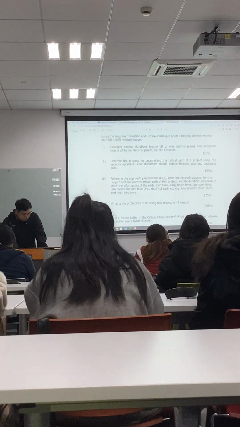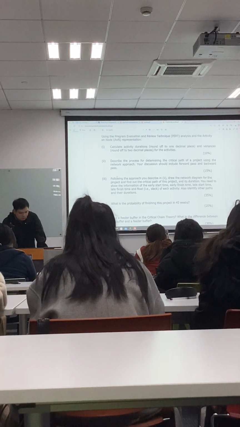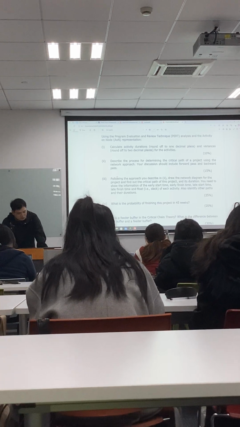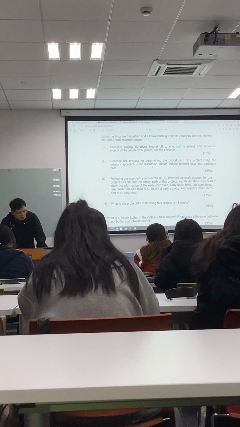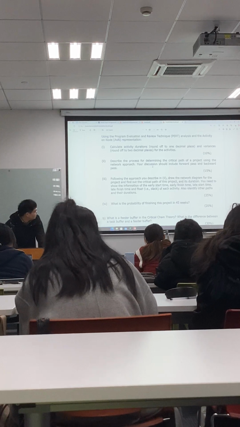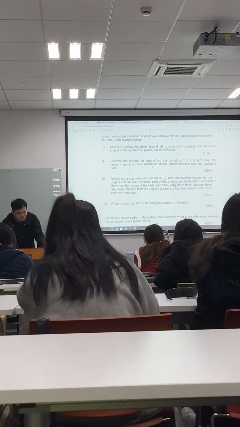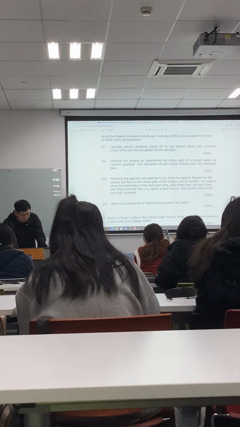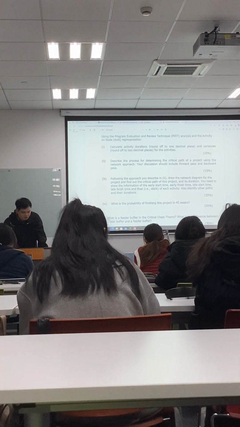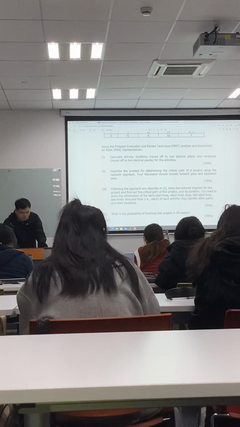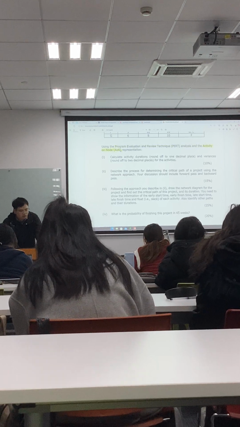And for the third question, we follow the approach you described in the second part. Draw the network diagram for the project and find out the critical path of this project. We have found it. Draw the diagram, and here it requires you to use the AON diagram.